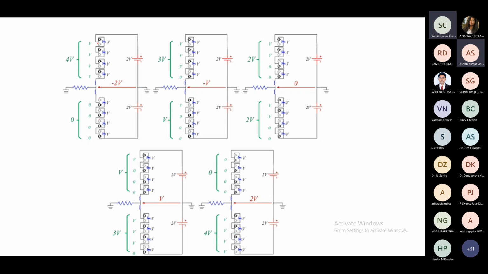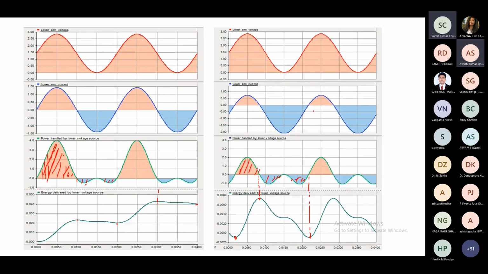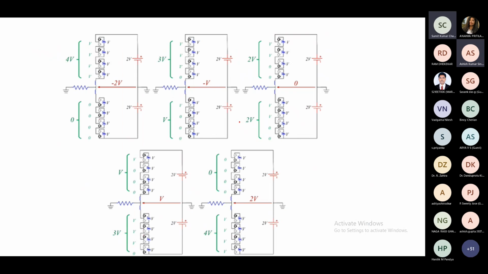That means the amount of current handled by them, or the amount of power, as a matter of fact, is going to be different from each other. So whatever charging current is coming in from the DC side, what I have shown here by a DC offset, that current is going to enter these 4 cells in a different way. So they will get charged or discharged at different rates.